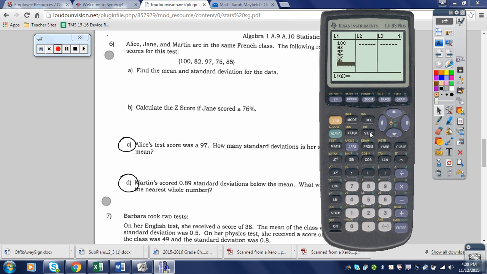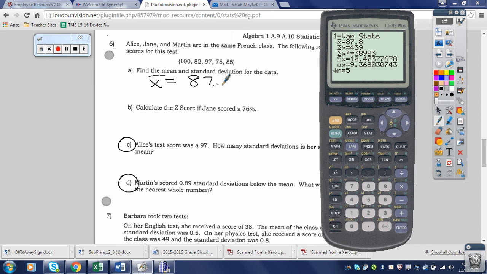Press stat, go over to calc, hit enter. Now my screen here looks a little bit different than your screen, but we still go down to calculate and hit enter. So you should get x bar equals 87.8 and sigma equals 9.4.